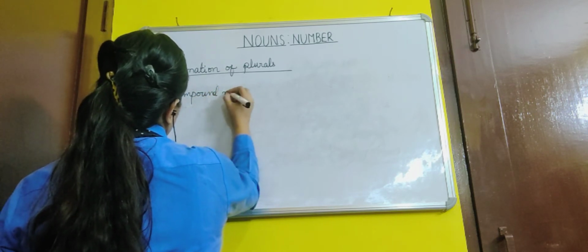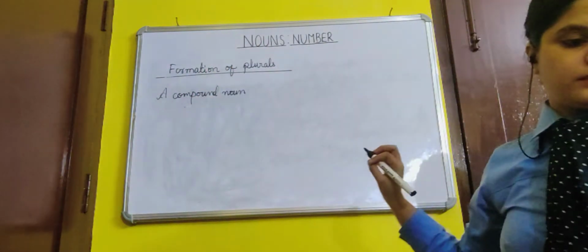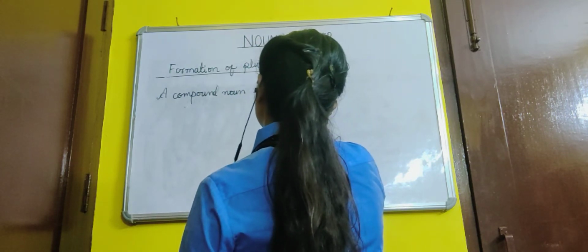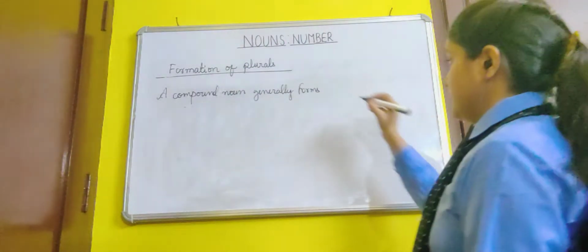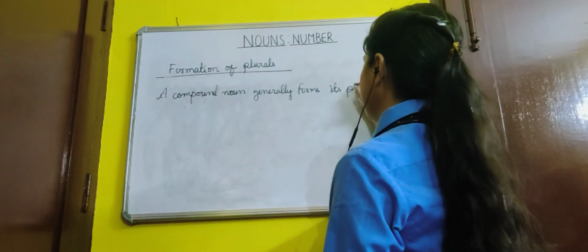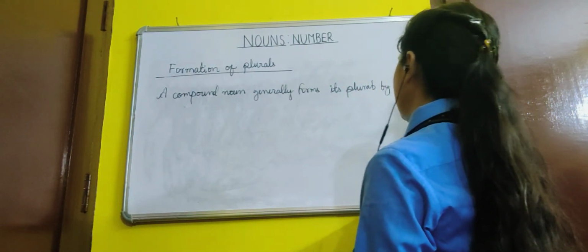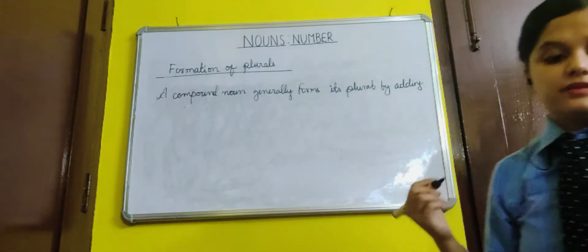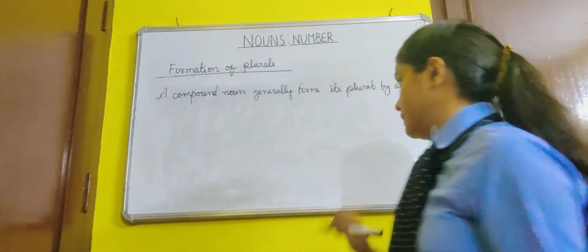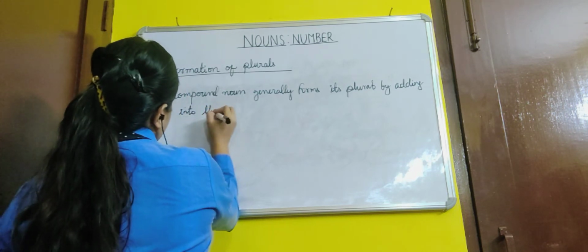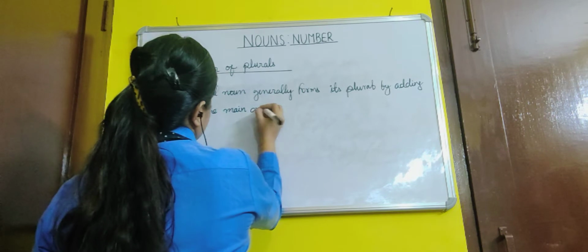So compound noun generally forms its plural by adding s into the main or the principal word.